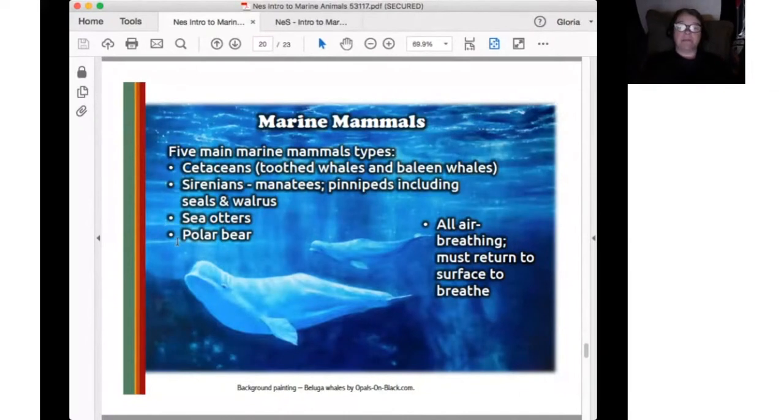These are all air-breathing, and they must return to the surface to breathe. Polar bears also swim in the sea. They'll swim to capture penguins and fish, but they don't spend as much time there as the other marine mammals.